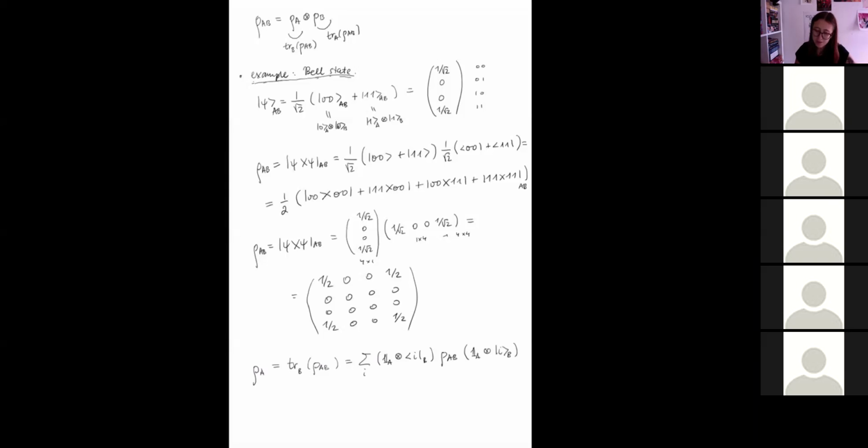For this case, since the basis in system B is essentially 0, 1, the sum has only two components. So we're going to write out these two components.